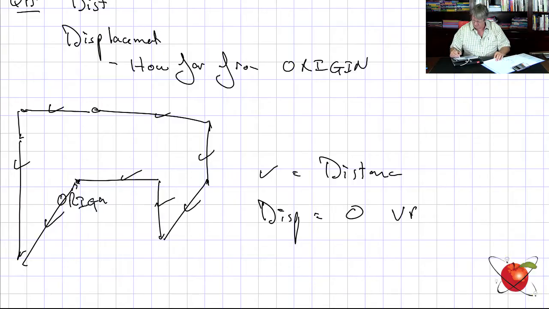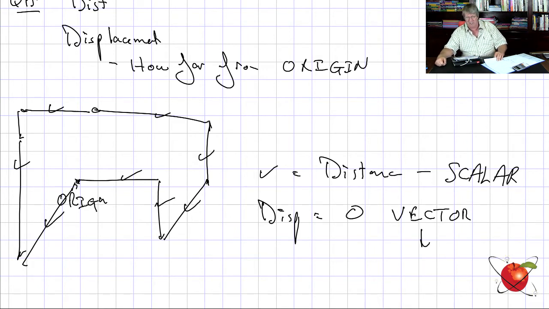Displacement, thus, is the distance from an origin. It's where you actually are relative to your origin, and your distance is the sum of all of the individual distances that have been traveled, correct? The other thing, of course, is that displacement is a vector. Distance is a scalar.